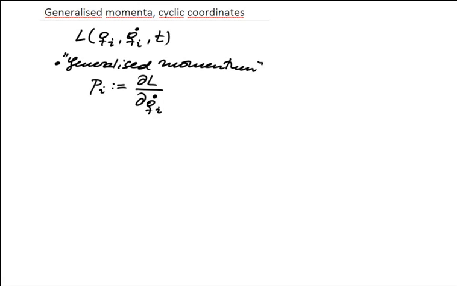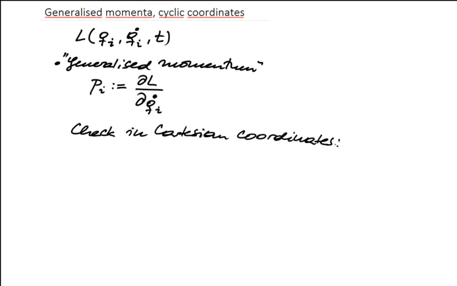It's a generalized momentum associated with the generalized coordinate q_i. Why is it called momentum? Well, let's check in Cartesian coordinates whether we recover the ordinary notion of momentum.